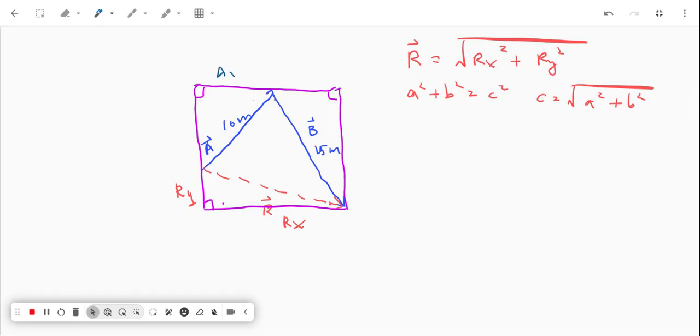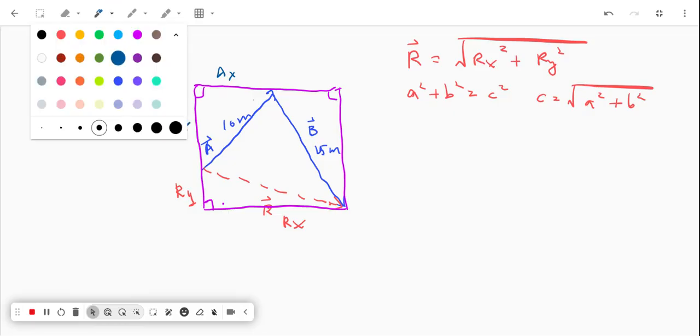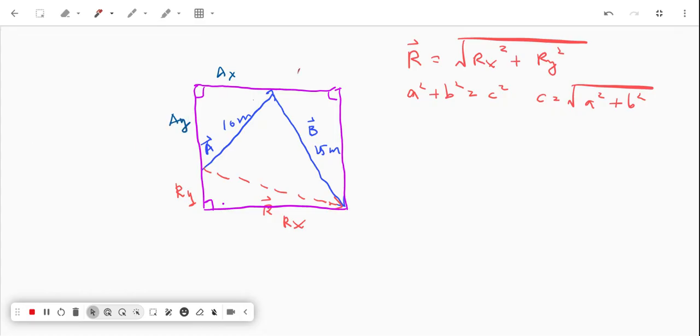This is AX, AY. This is BX, BY. So if we use the trigonometry of the right angle triangle, which is SOHCAHTOA, we can find each component, the X and Y for the A, X and Y for the B, and we can find our actual X and Y.